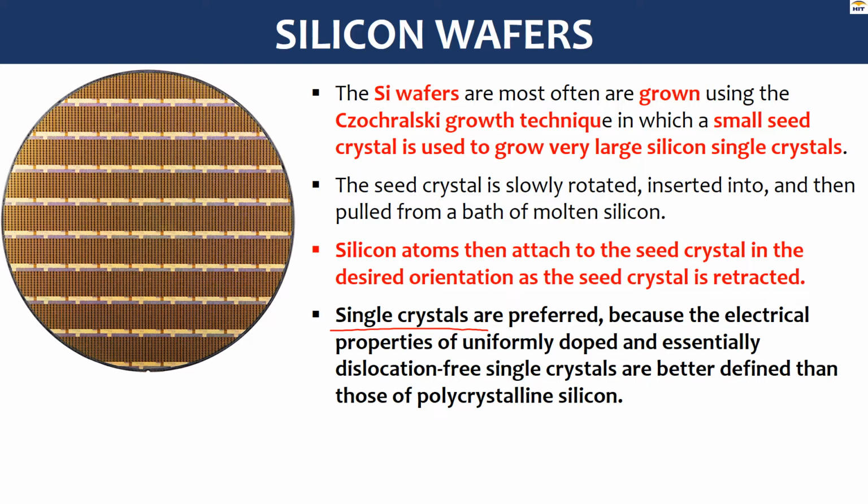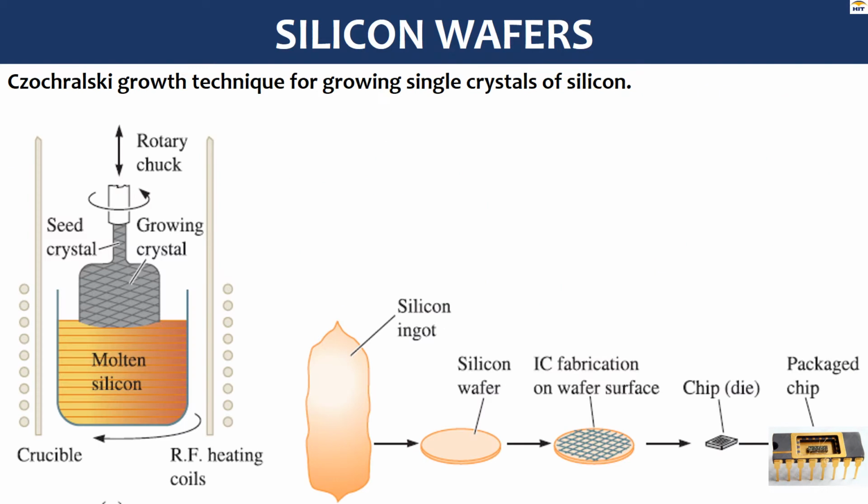Why? Because you need uniformity in your substrate material. So let's look. This is the growth technique for growing single crystals in your silicon.